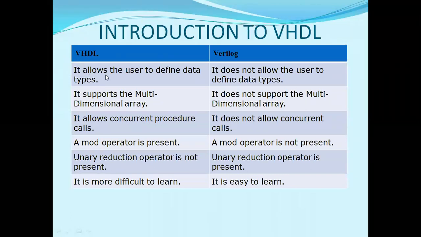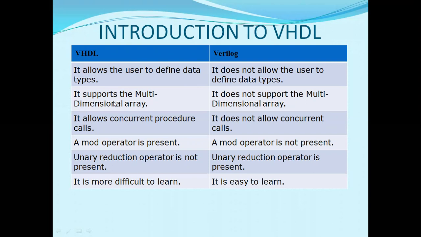VHDL allows user-defined data types, and Verilog does not allow user-defined data types. Only existent data types are used by Verilog. In VHDL, existent data types as well as user-defined data types are allowed.